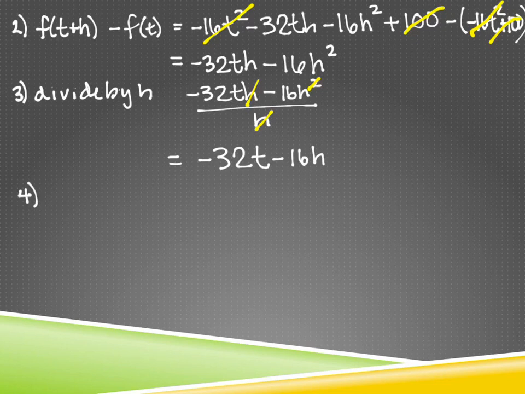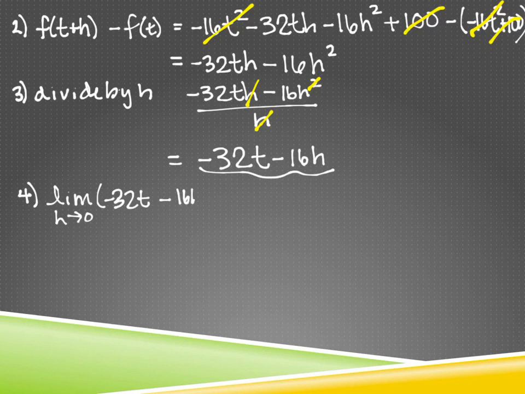Step 4. Limit as h goes to 0, and I will take this whole quantity to put in there, negative 32t minus 16h.